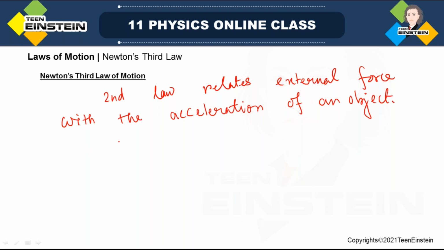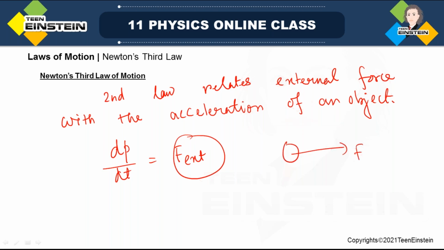Or in other words, if I write the mathematical form of the second law, dp/dt is equal to F external. So if you apply an external force to an object, there will be a change in the linear momentum. That is what we have learned.